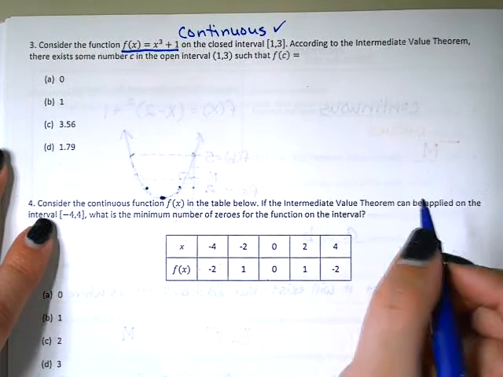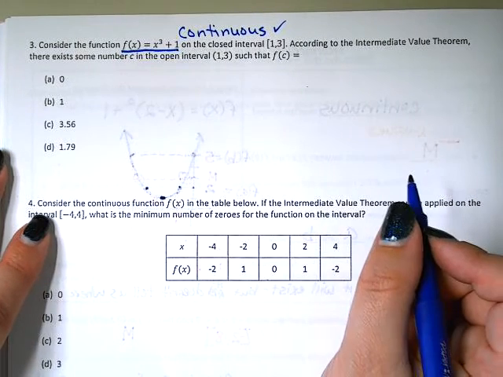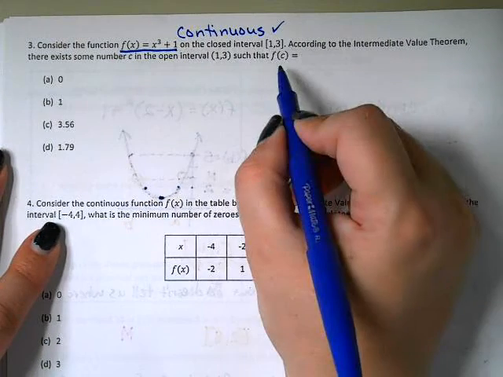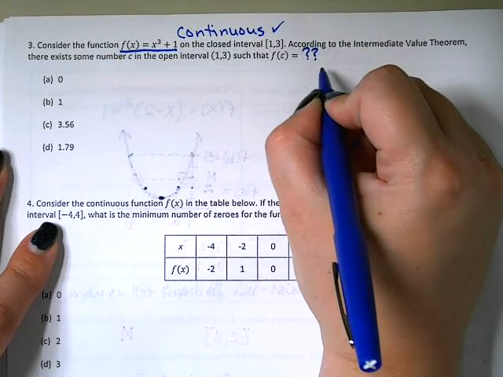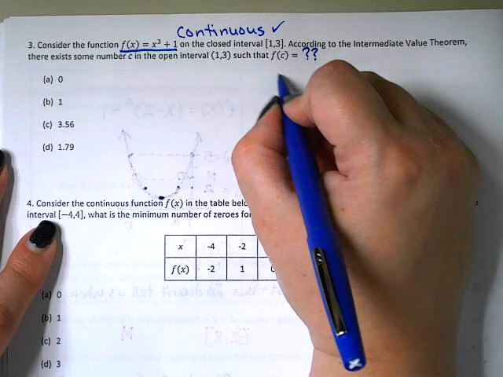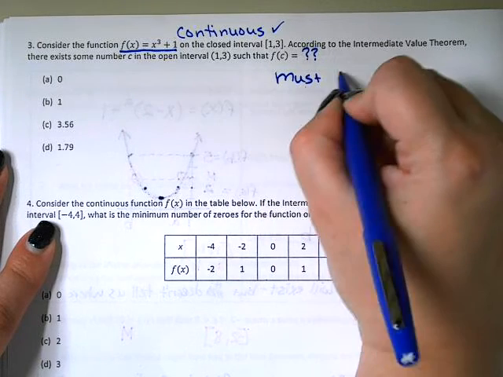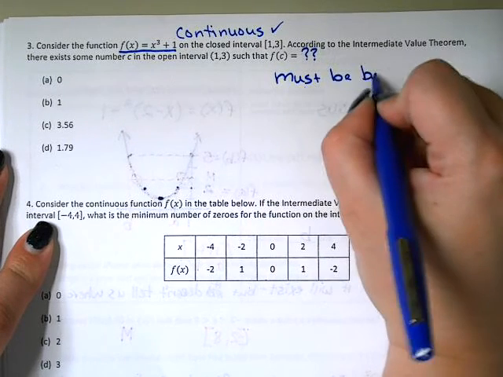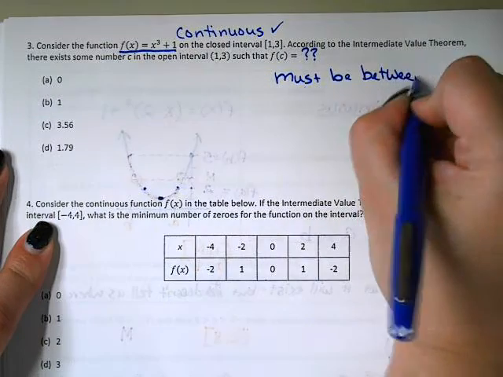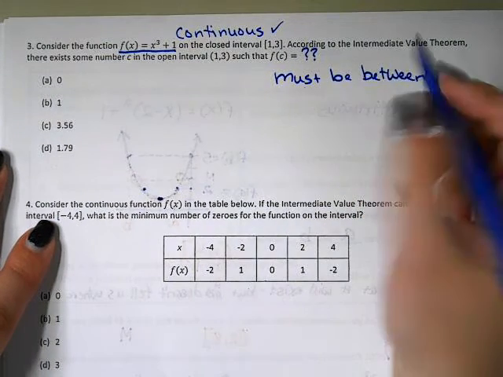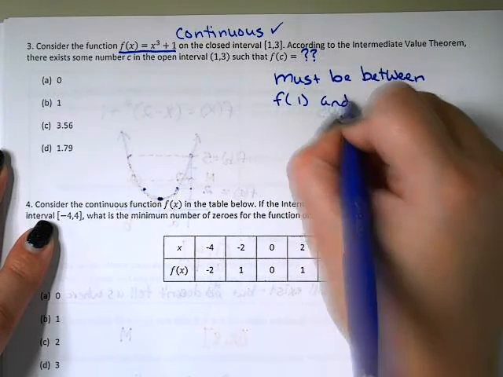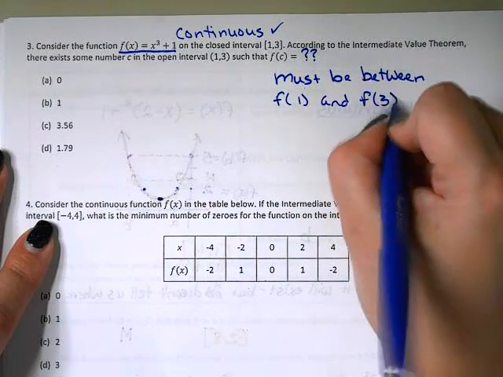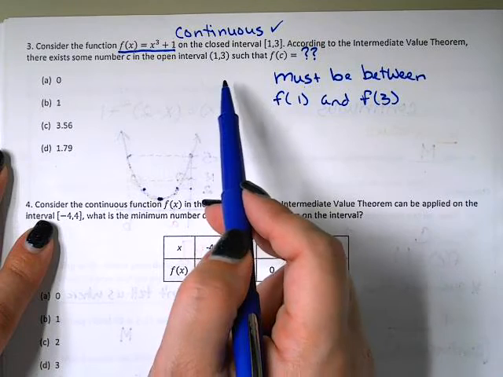All right. Then the second condition is that whatever this value is, f of c equals whatever, this value we're trying to find must be between f of a and f of b. So in this case, f of 1 and f of 3, because the interval that we're on is from 1 to 3.